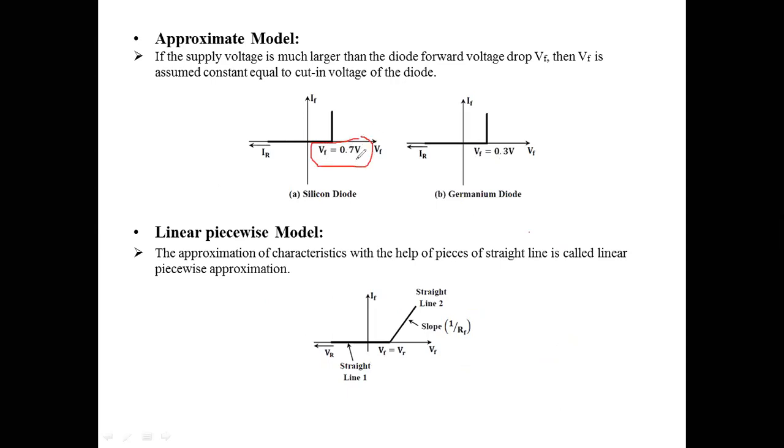If Vf is 0.7 volt in a silicon diode, it will be on and current increases rapidly, or if the threshold voltage is 0.3 volt in a germanium diode, the current increases.